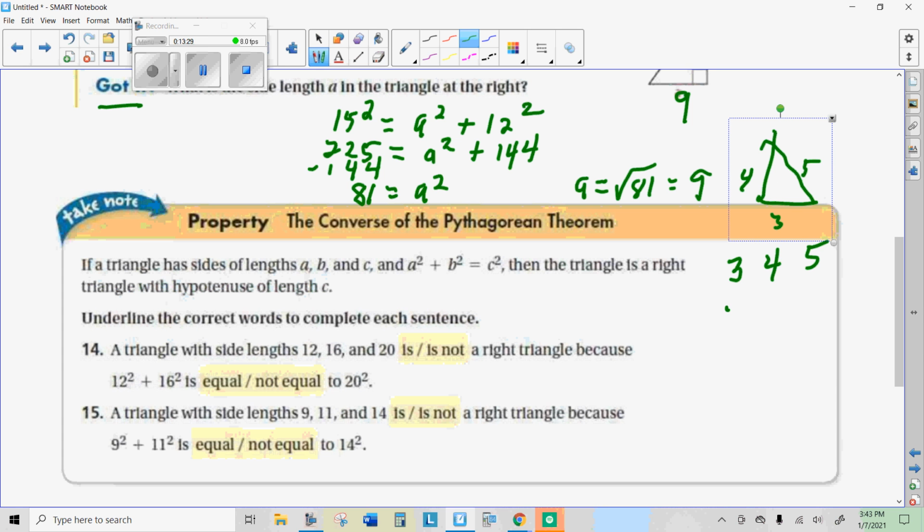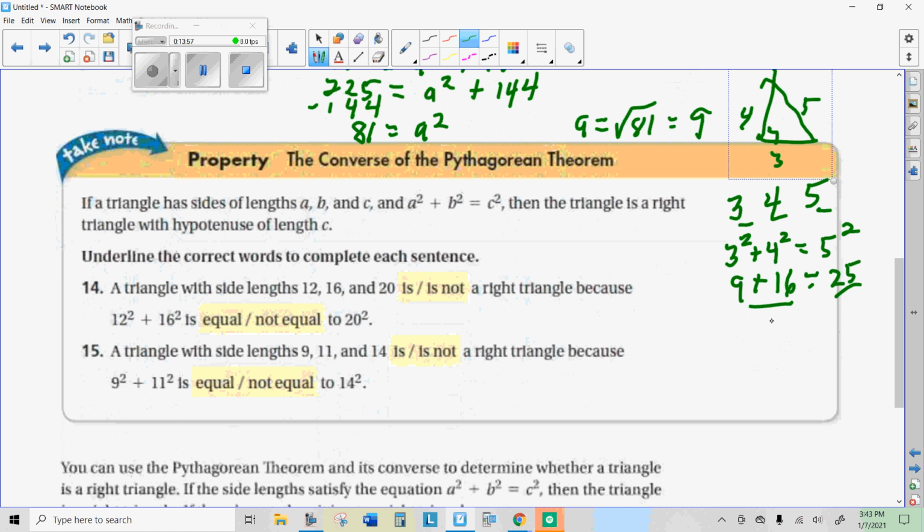If you take the 2 smaller numbers and square them, and they equal the biggest number squared, if this is true, then you know that triangle is a right triangle. So this is true, isn't it? 9 plus 16 is 25. So if you make a triangle with side lengths 3, 4, and 5, it will be a right triangle. Okay? So here's the property.